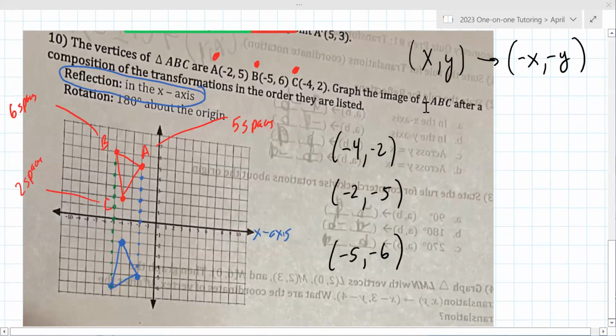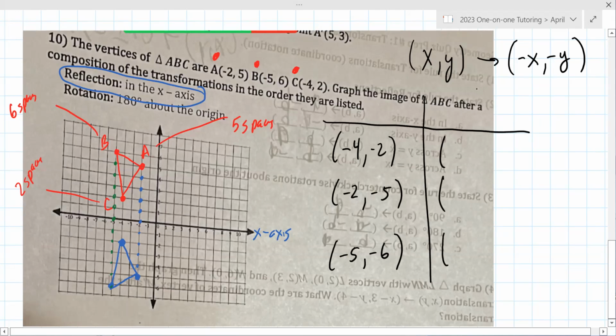Okay, so let's look at this. Here's what you do, Sourish. You're going to change the sign of all the X values, okay? So if it's -4, what does that become? You're changing the sign.